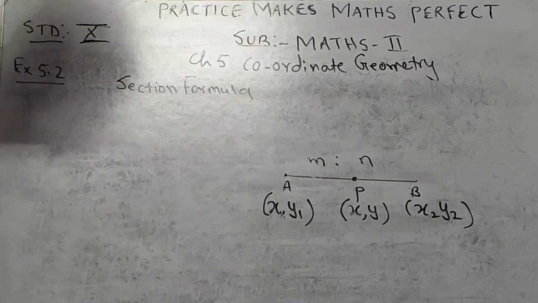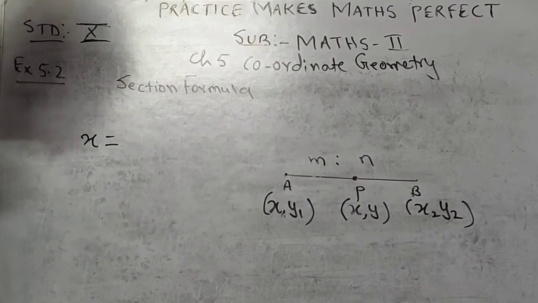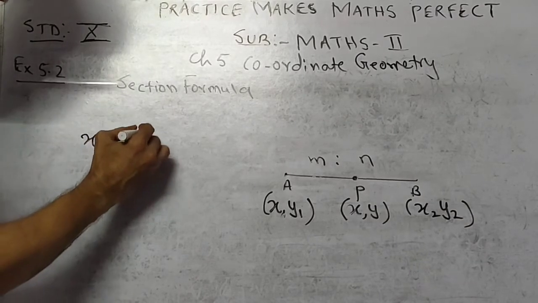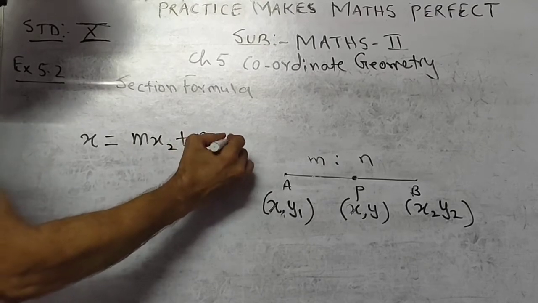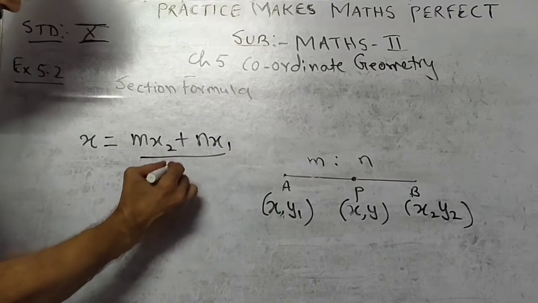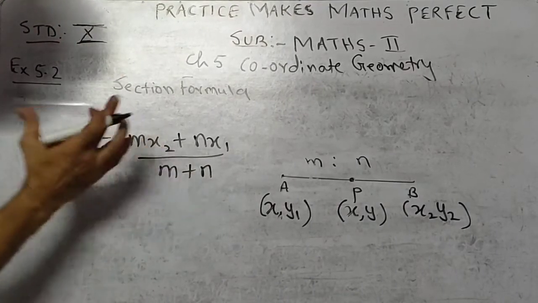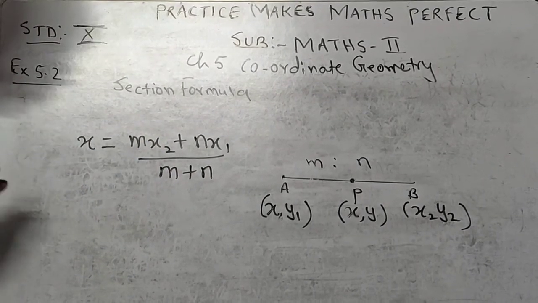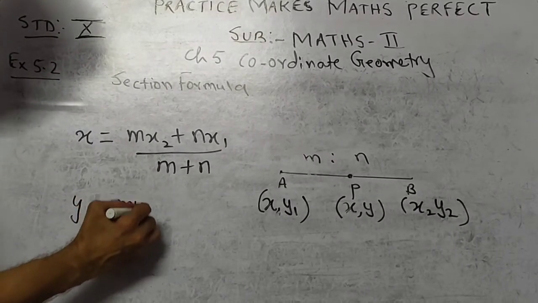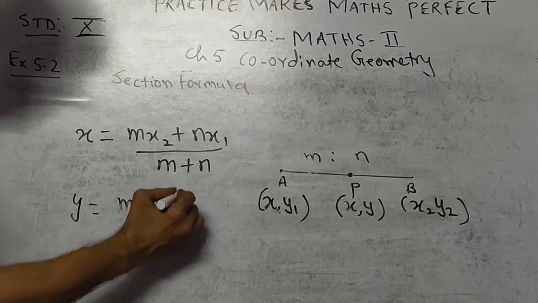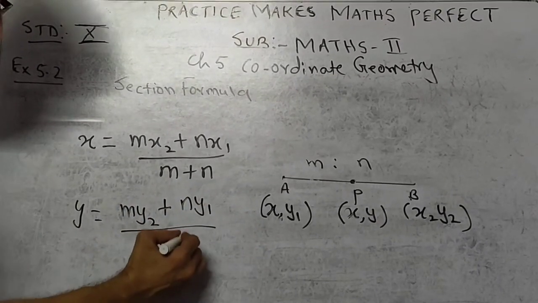So to find the value of x, your formula will be x is equal to m x2 plus n x1 upon m plus n. With the help of this, you can find out the value of x. And for y, y is equal to m y2 plus n y1 upon m plus n.